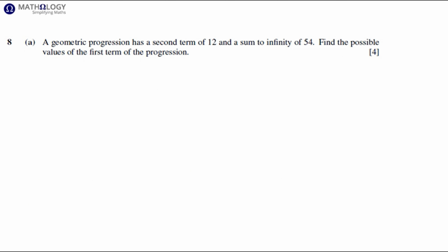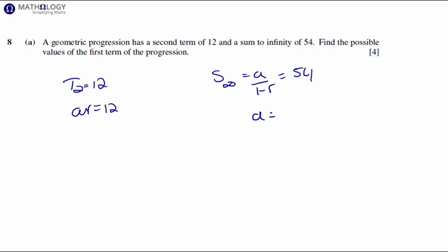The geometric progression has a second term of 12 and a sum to infinity of 54. Find the possible values of the first term of the progression. Okay, so term 2 equals 12. Therefore, ar equals 12, and the sum to infinity equals a over 1 minus r, which equals 54. So a equals 54 times (1 minus r).